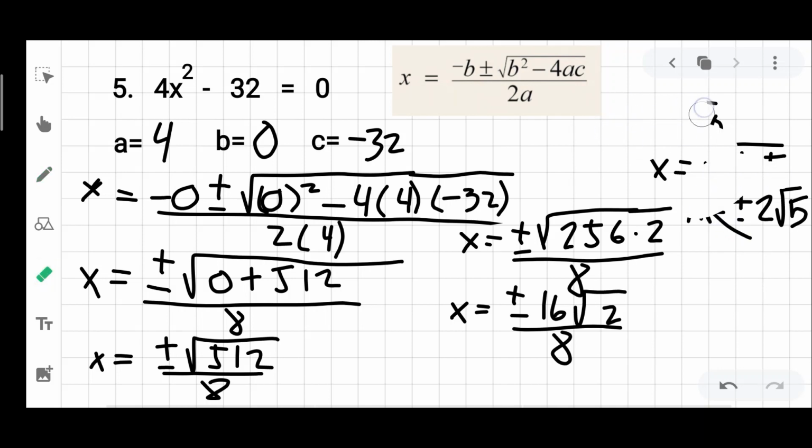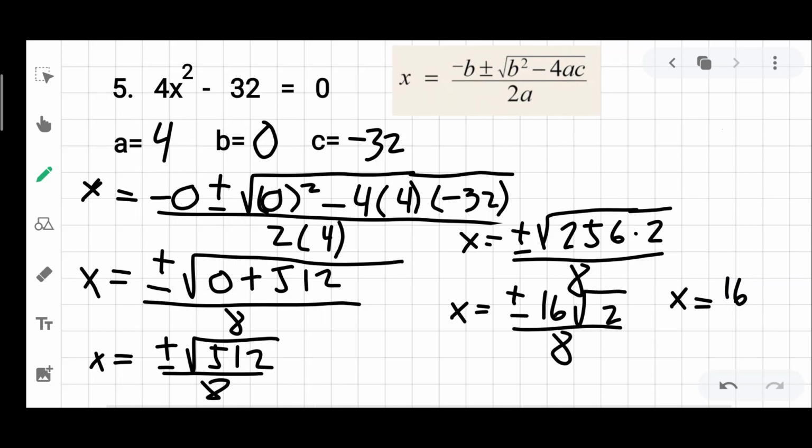Okay, so itutuloy na natin yung pagsosolve. Copy x. Pwede na pala tayong mag-simplify dito. Yung plus muna yung gamitin natin. Yung plus sign. So, equals. Pero hindi ko na isusulat yung plus. So, we have 16 square root of 2 over 8.